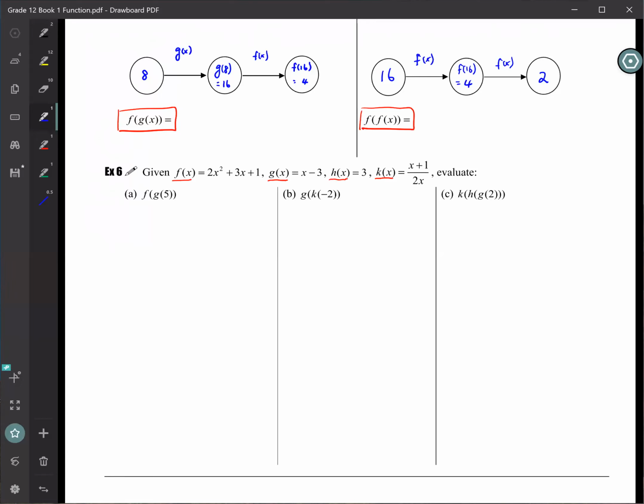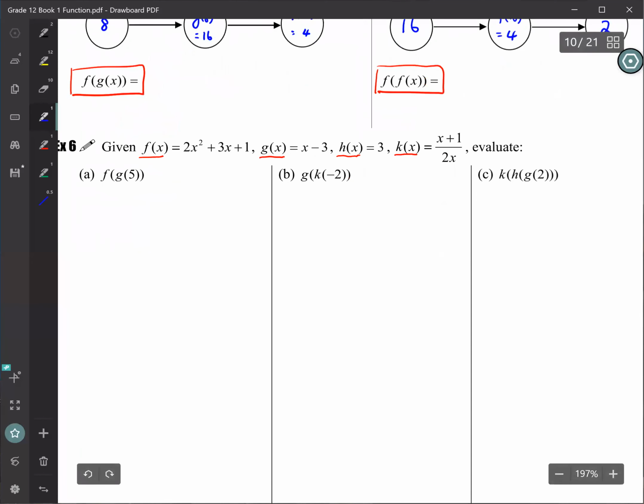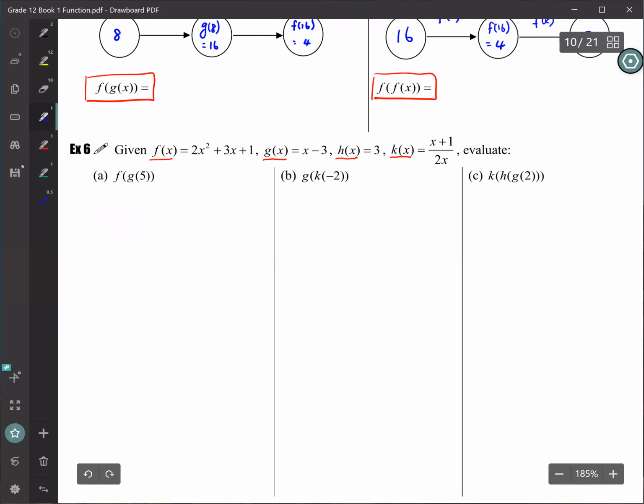Jason, H doesn't have an x. How do you use it? So that means it does not matter what you put in. What's the output? Yeah, okay. It doesn't matter what goes in, it will stay at 3.